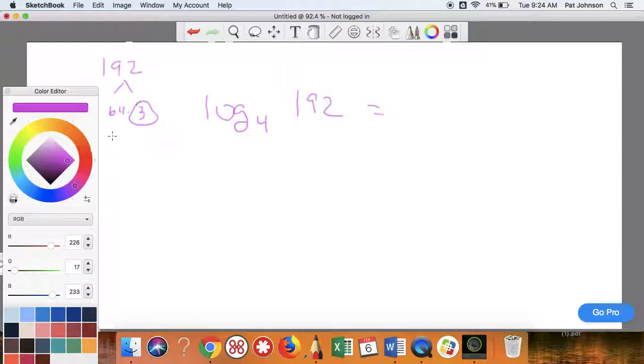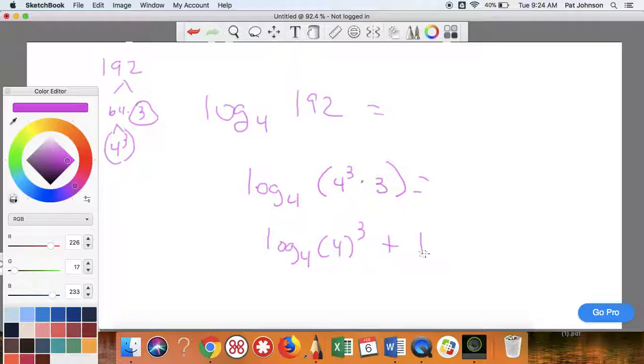And we know 64, you should know if you don't know, is 4 cubed. So I can rewrite this to say log base 4 of 4 cubed times 3. That's what 192 represents. Because I have the product of the argument, the property says I can say log base 4 of 4 to the 3rd power plus log base 4 of 3.